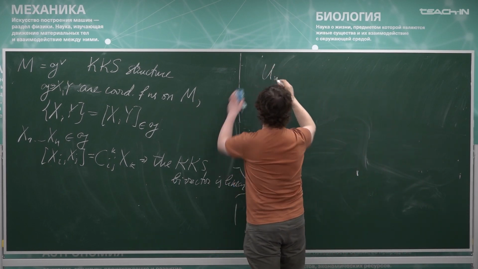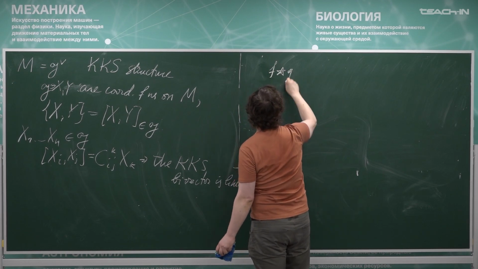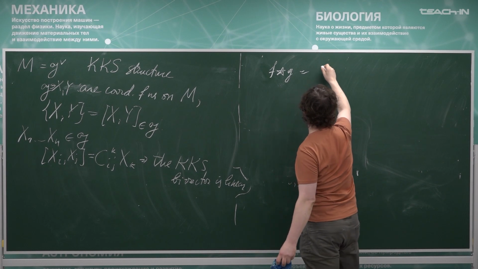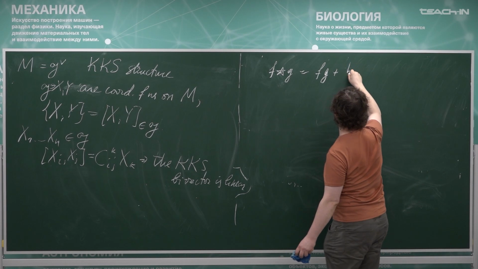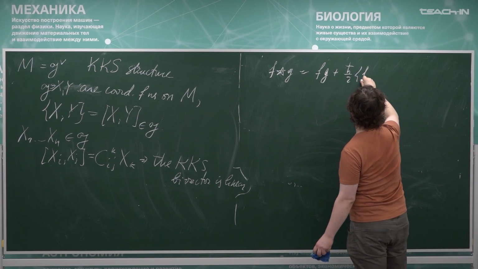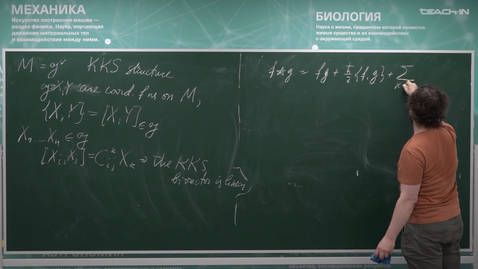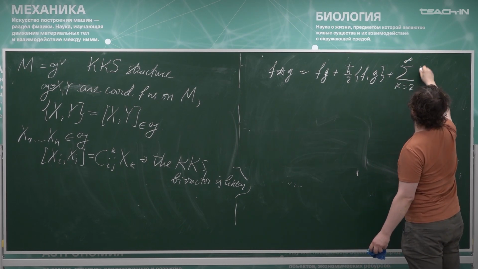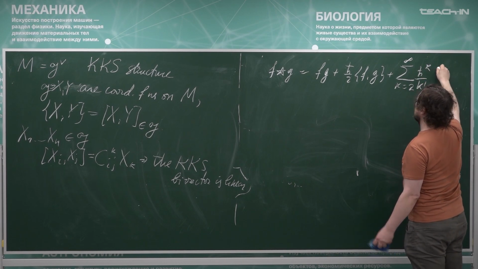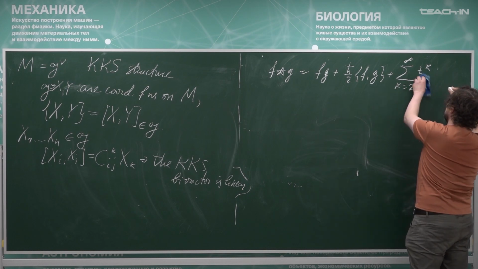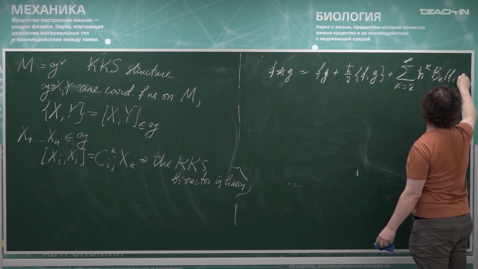First of all, let me recall that the star product of f and g is given by the formal power series of this form: f times g plus h bar over 2 times the Poisson bracket of f and g, and the sum over k from 2 to infinity of h bar to the power k, let's remove the k factorial, B_k(f, g).